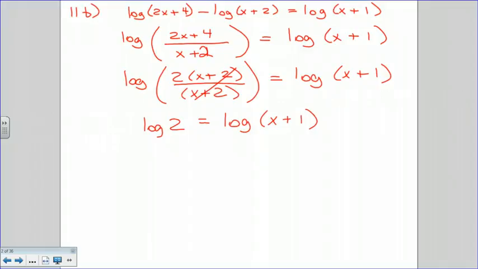Here comes another no-no. Somebody in this room is going to do this if you're anything like people I've taught before. Can you distribute the log through? Is this equal to log x plus log 1? No. It's the log of the result of x plus 1.